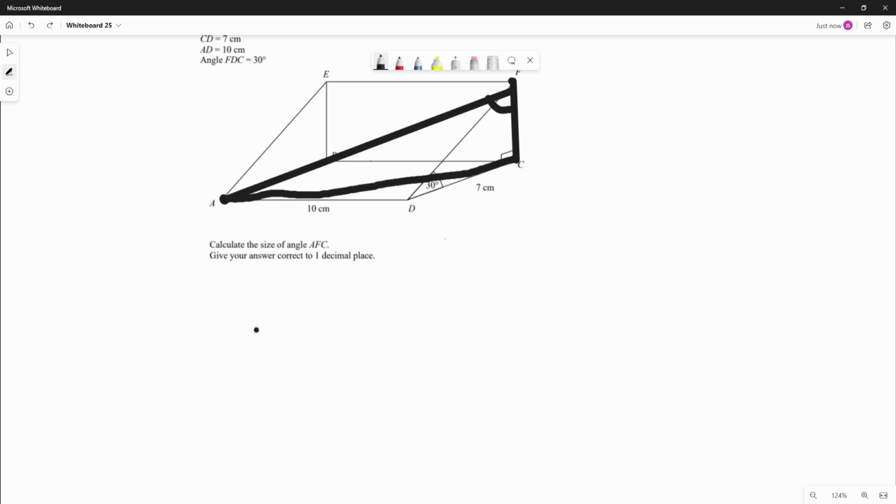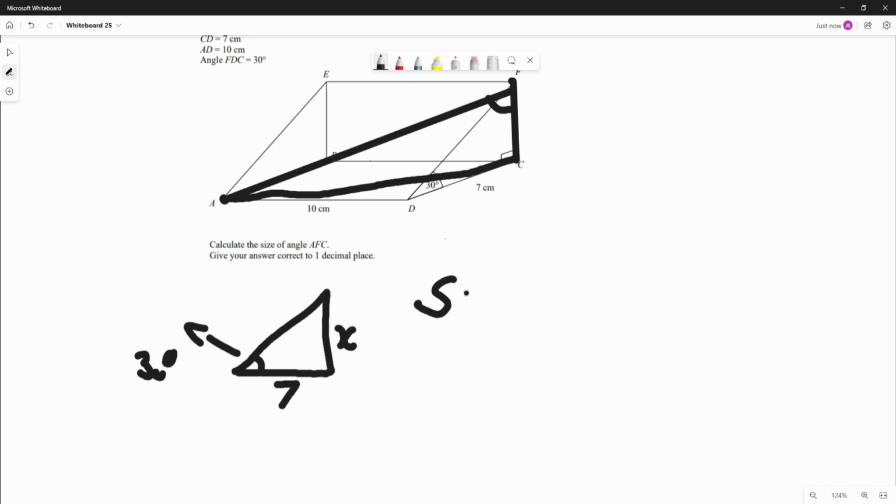So let's draw a triangle. We have a length of 7, an angle of 30 degrees, and an opposite x. Well, SOHCAHTOA. This 7 is our adjacent.